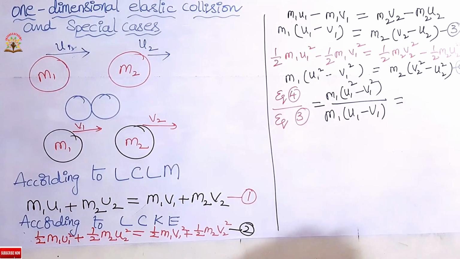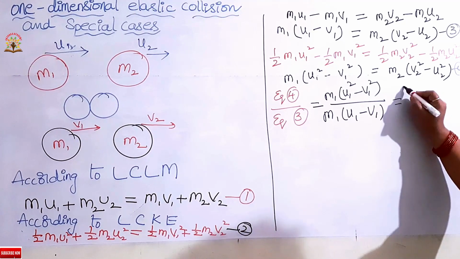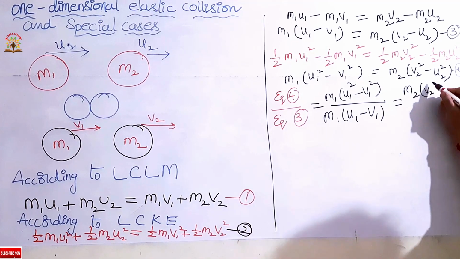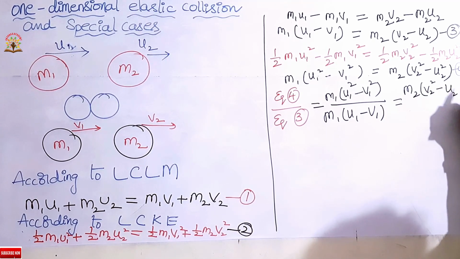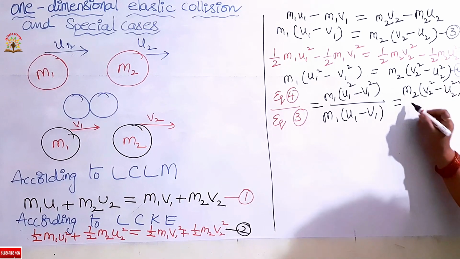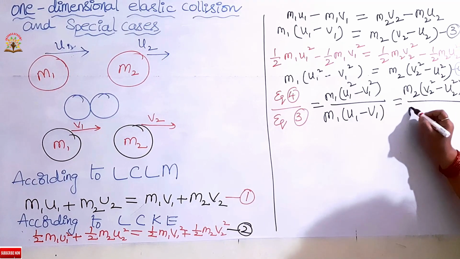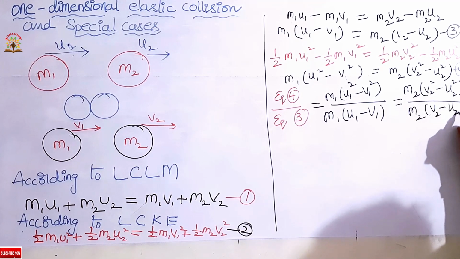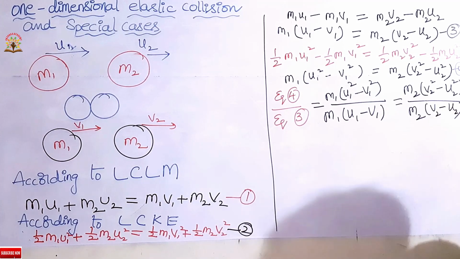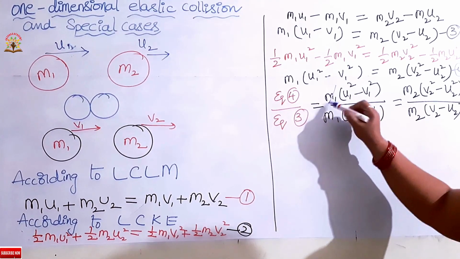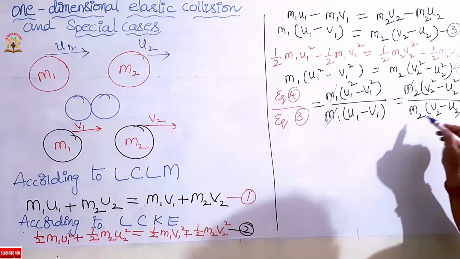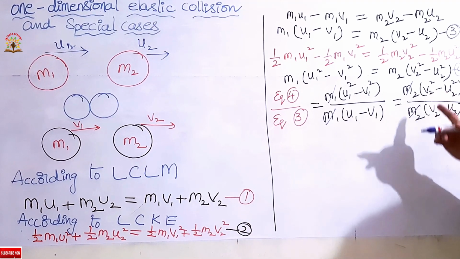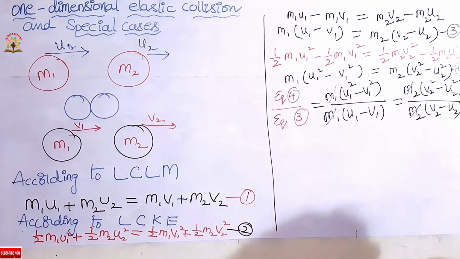That is equal to, in equation 4, m2 of v2 square minus u2 square, by, in the third equation, m2 of v2 minus u2. Now we are cancelling m1 and m1, and m2 and m2.